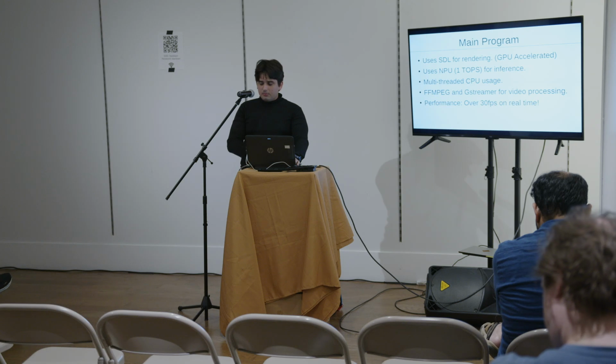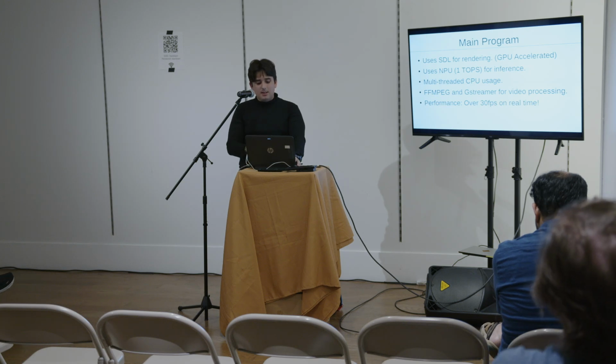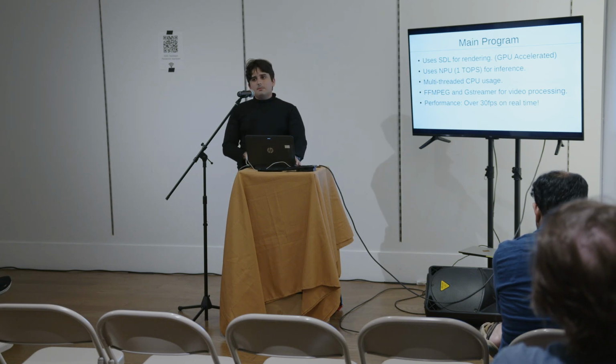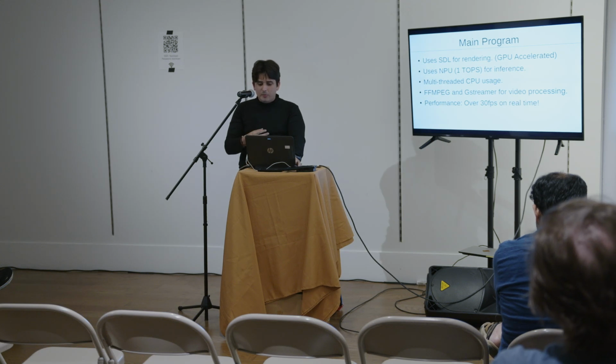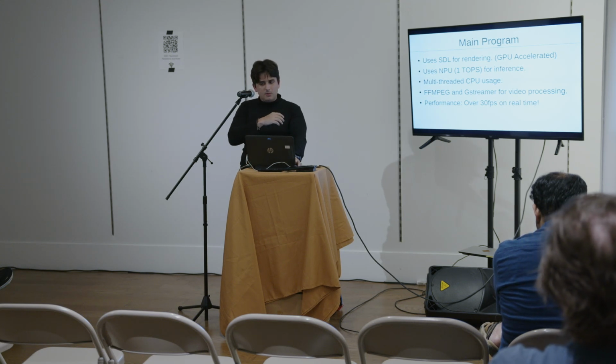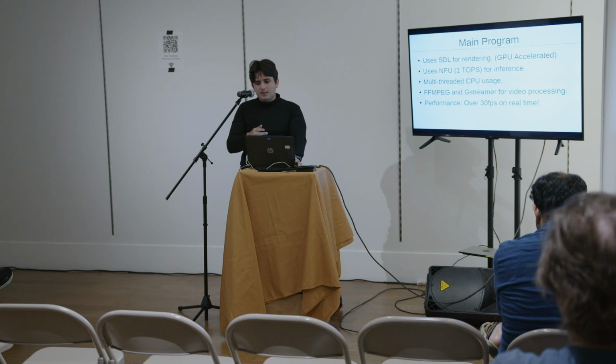So as for the main program running on this, the main program on this device is the object detection program, and you can see the specs right there. So we really wanted to optimize for performance and use the CPU as little as possible.